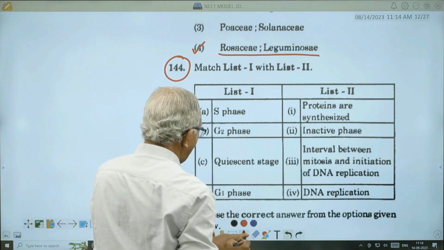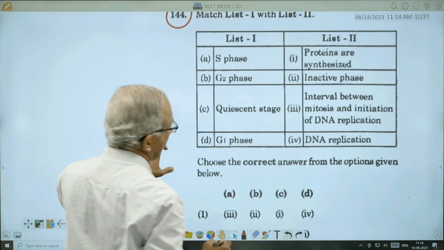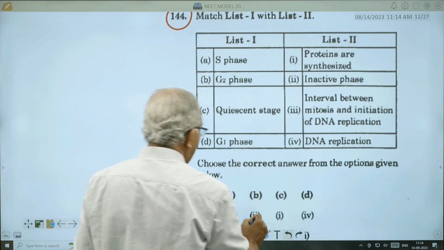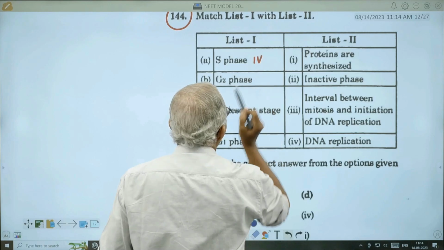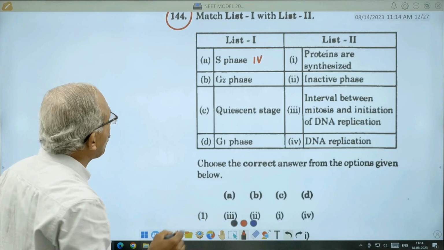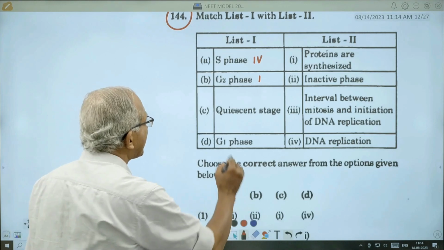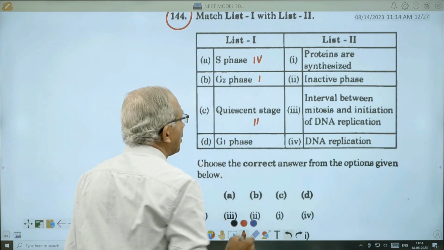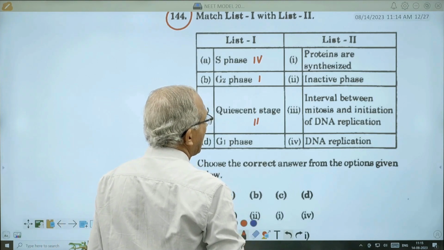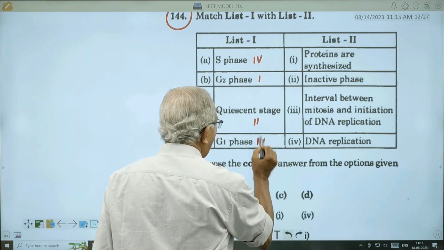Match the following. Choose the correct option. S phase can be matched with 4 because DNA replication takes place there. G2 phase, proteins are synthesized. Quiescent stage is an inactive stage. G1 phase is the interval between mitosis and initiation of DNA replication.